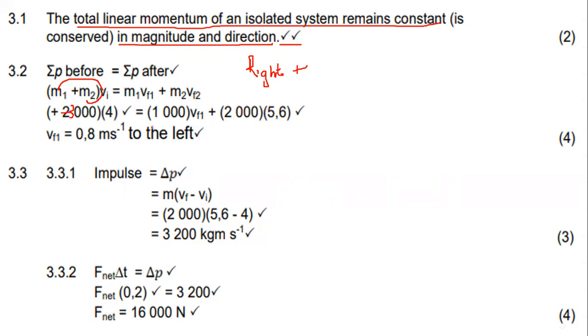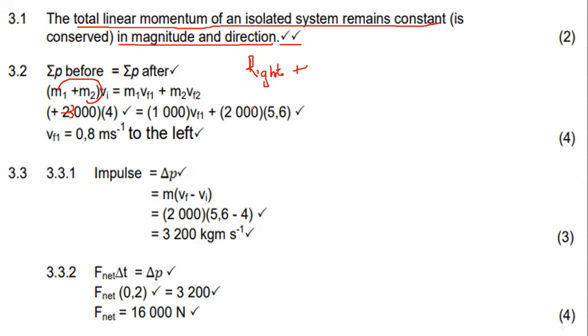Right. Then you do your mathematics. On this side you are going to get 3,000, which you multiply by 4, that is 12,000. On the other side you get 1,000 VF1, and then 2,000 multiplied by 5.6, which gives you 11,200.